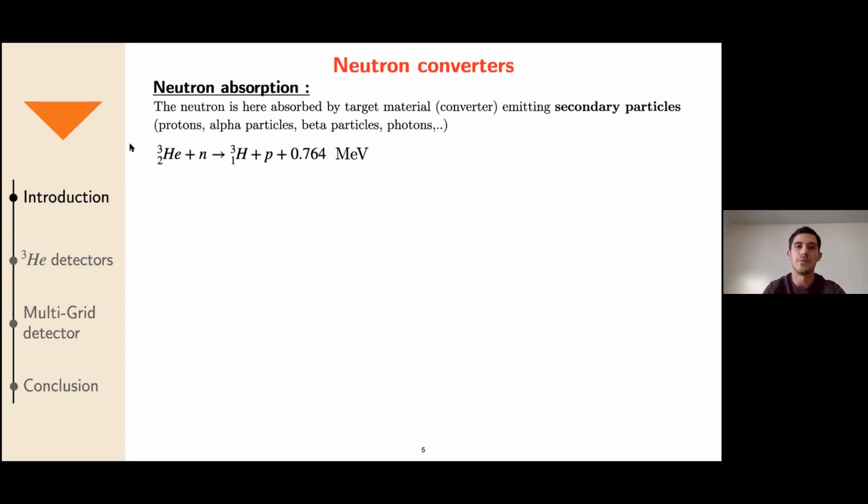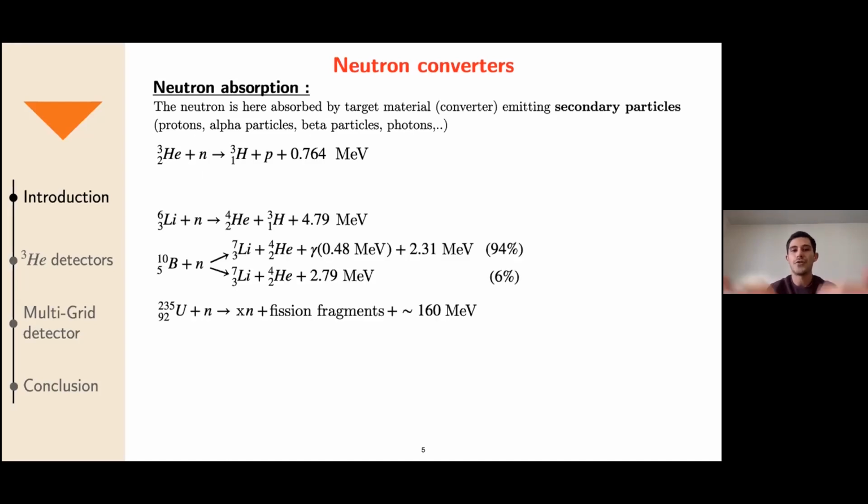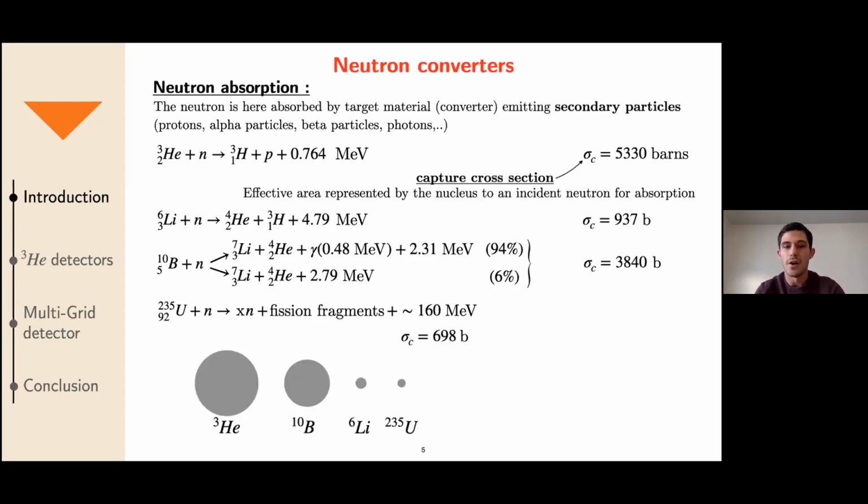For example, with helium-3, during the nuclear reaction, a tritium and a proton are produced with some energy which corresponds to the reaction energy. There are other possible reactions using lithium-6, boron-10, or uranium-235. All of these reactions have a certain probability to take place, as we saw during the previous seminars. It is linked to the capture cross-section, which corresponds to the effective area represented by the nucleus to an incident neutron for absorption.